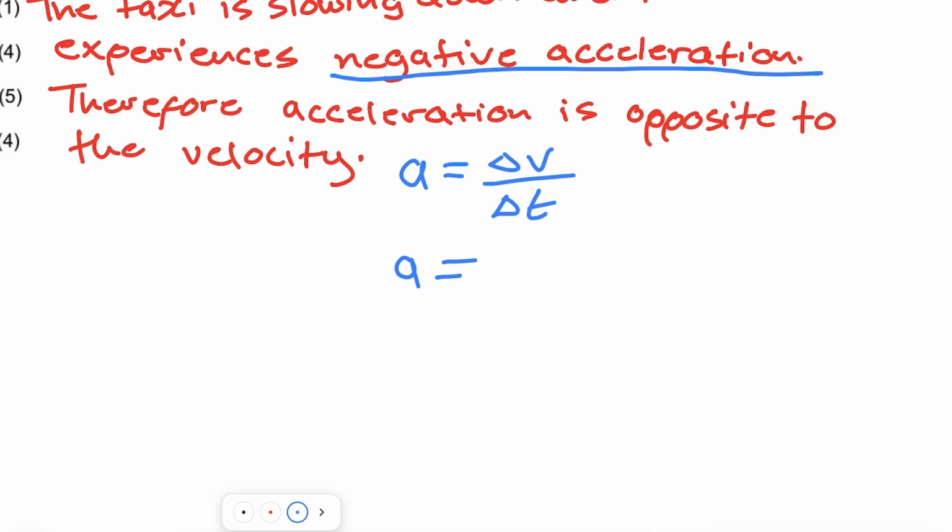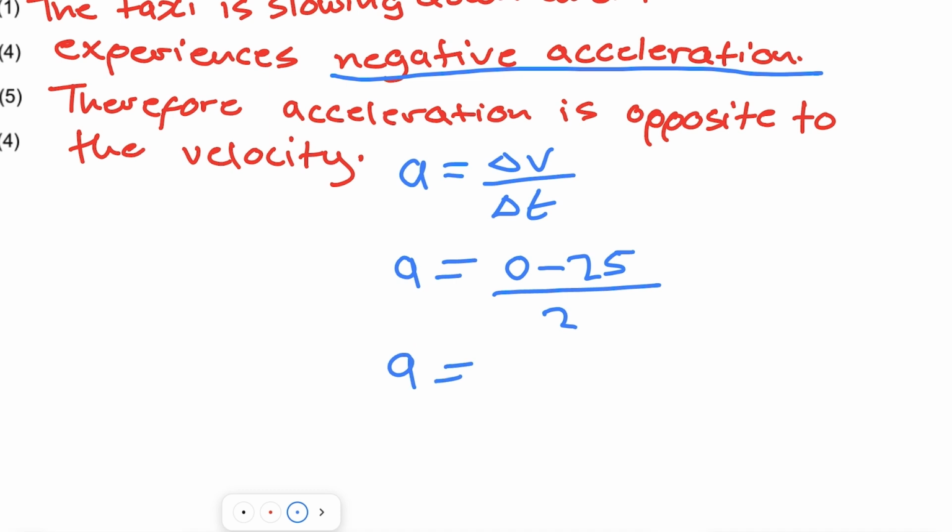The final velocity will be zero because this taxi would have stopped by that time. Then the initial velocity is going to be 25 meters per second. So it will be negative 25 divided by the change in time of 2 seconds.